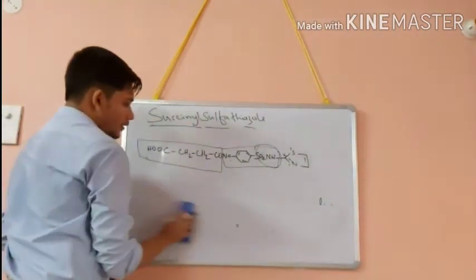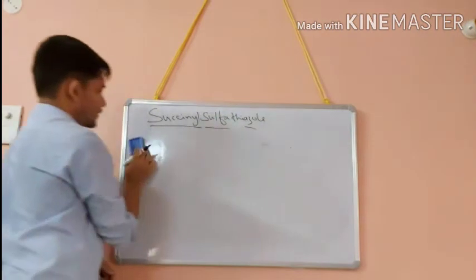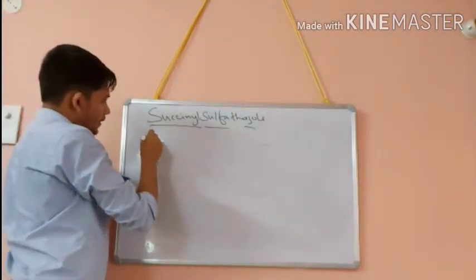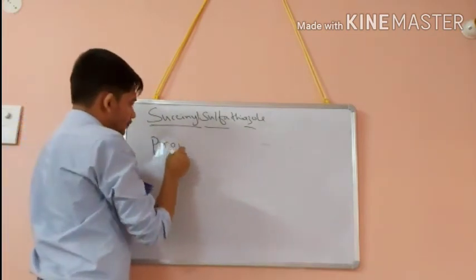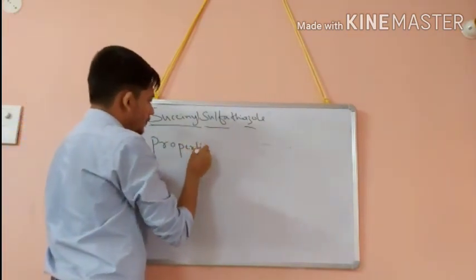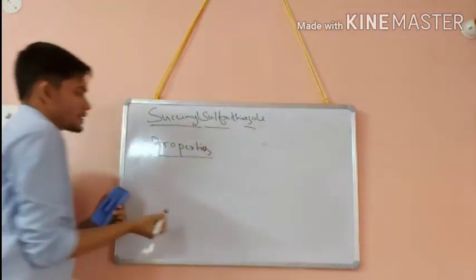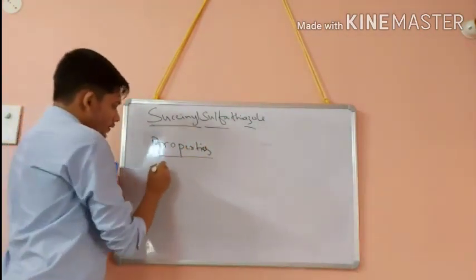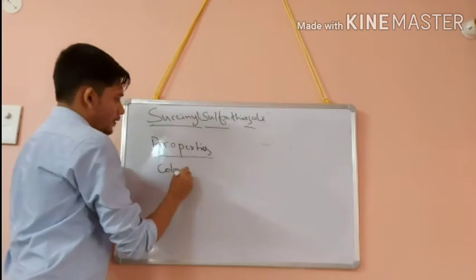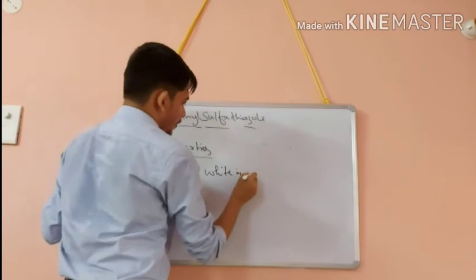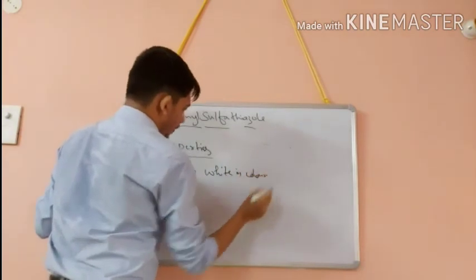So next we will go for properties, okay. So first we will see the color. It is white in color, okay.